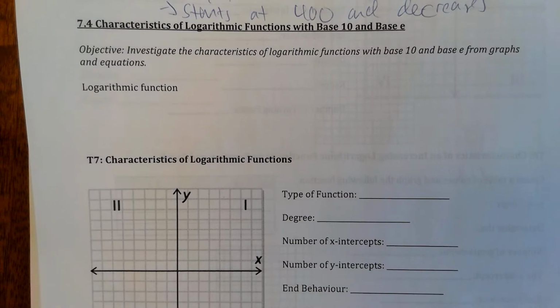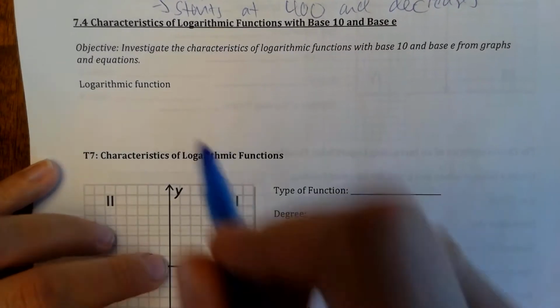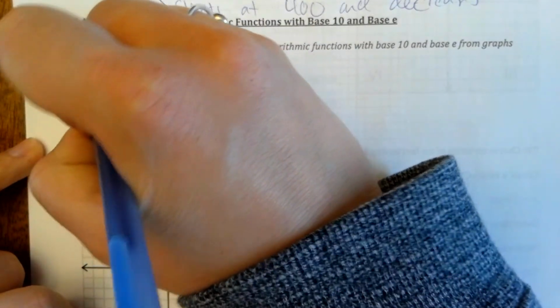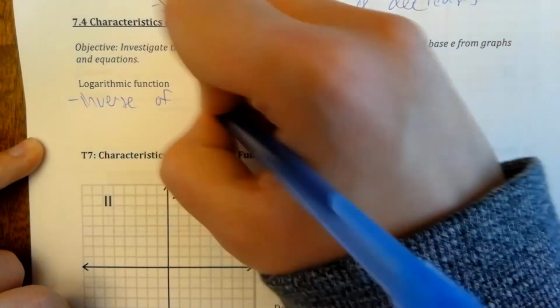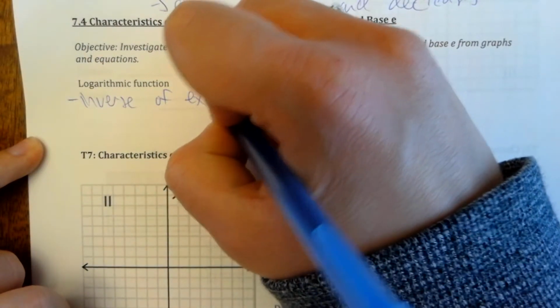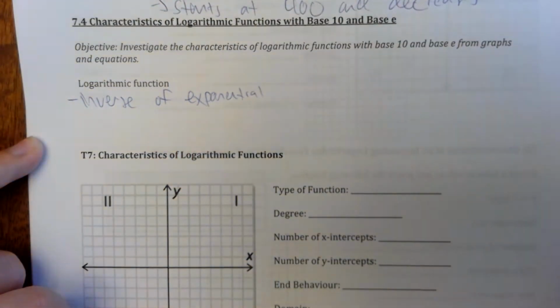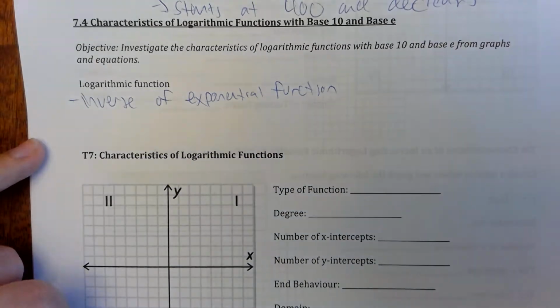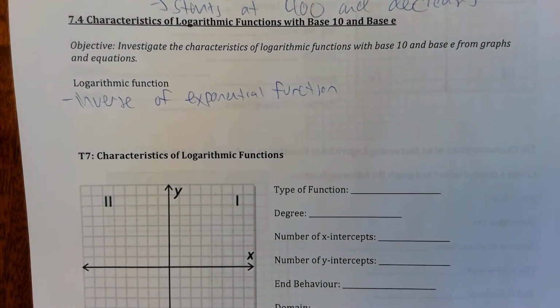Alrighty, so first things first, a logarithmic function is basically the inverse of an exponential function. You'll notice that they have a lot of the same characteristics. They have the same general shape, as you'll see.